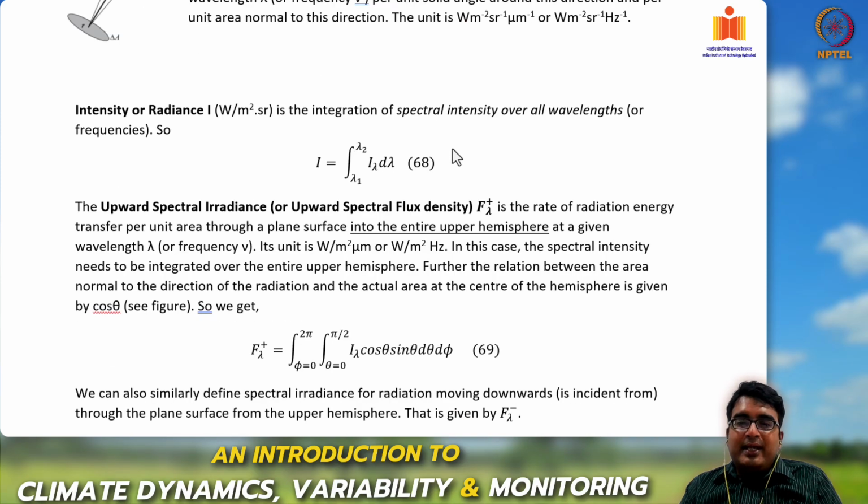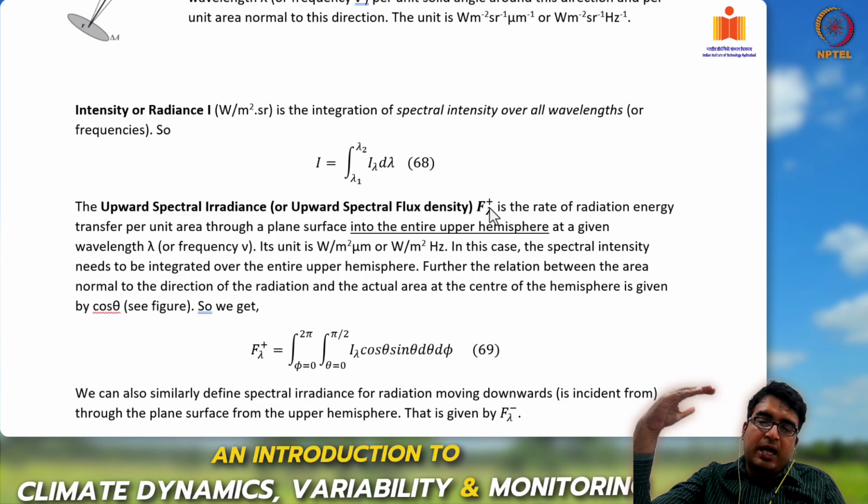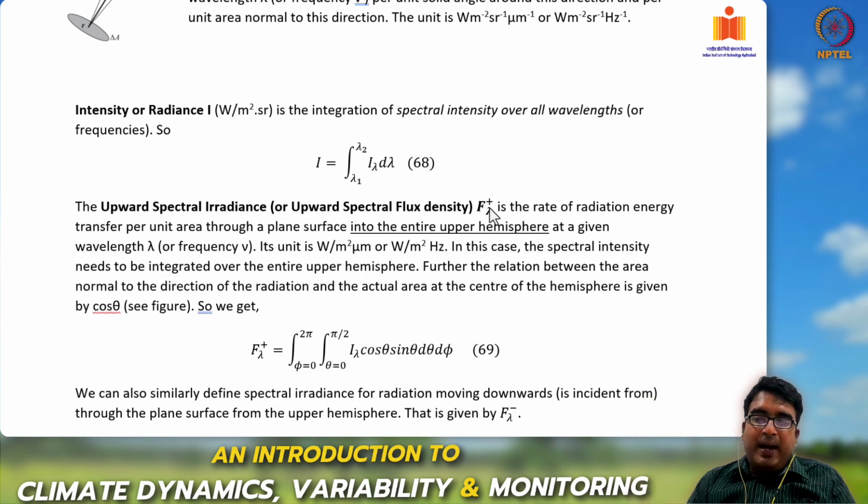We also looked at spectral flux density F or total flux density, which are written as F plus lambda if the flux is upwards towards the upper hemisphere, or F minus lambda when the spectral flux is downwards towards the lower hemisphere.